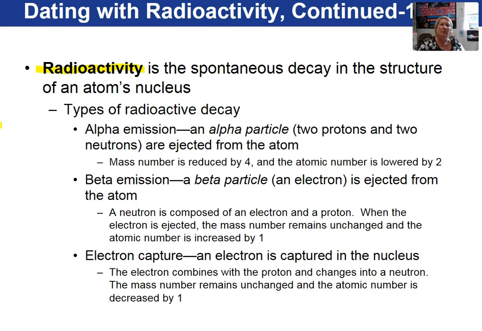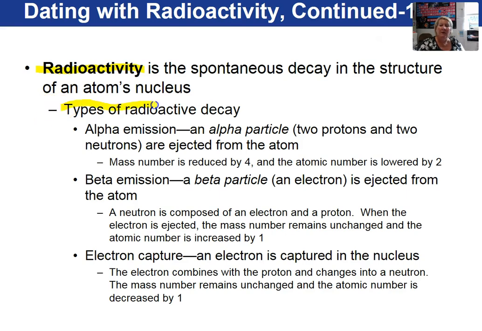It may be unstable due to its size. It is too large, for example. It may be unstable because there are too many protons compared to the number of neutrons, or vice versa. Or it simply may have too much energy to be stable. Whatever the reason is, it will decay and become something slightly more stable.